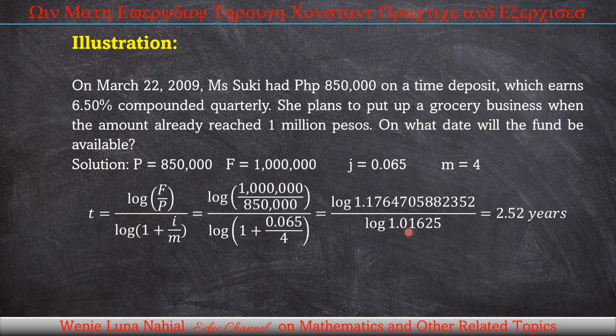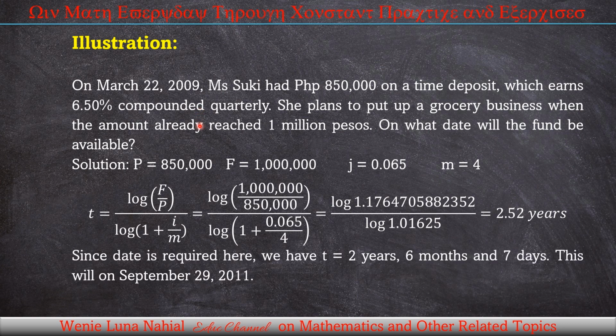Then for the denominator, the result is 1.01625. So getting the logarithm of the numerator and the logarithm of the denominator, then getting their quotient, you have 2.52 years.